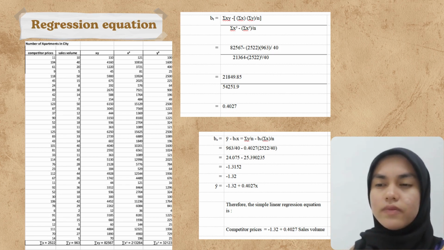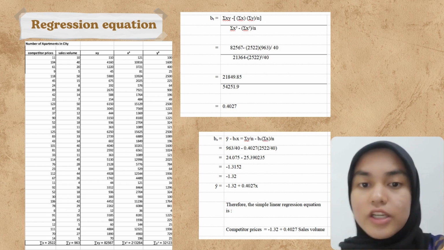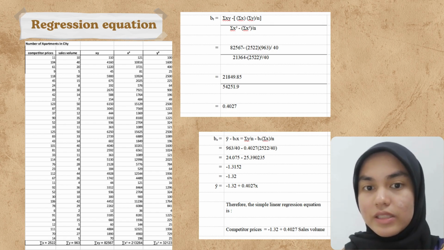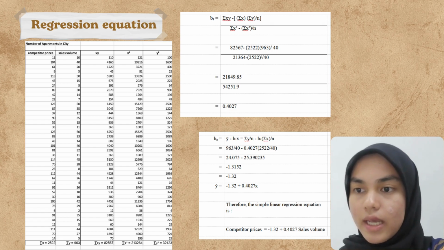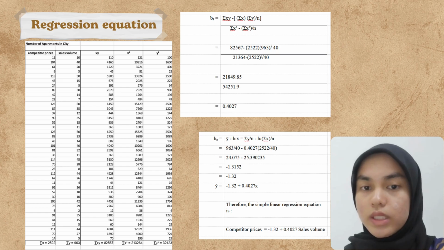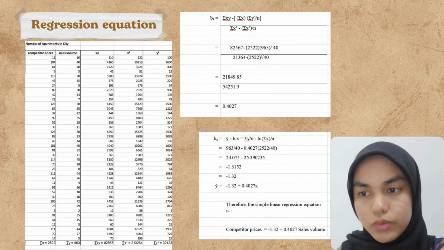We got the first, 963 over 40, which is 54.075, minus 25.390235, and we got the answer negative 1.3152. For two decimal places, we got negative 1.32.